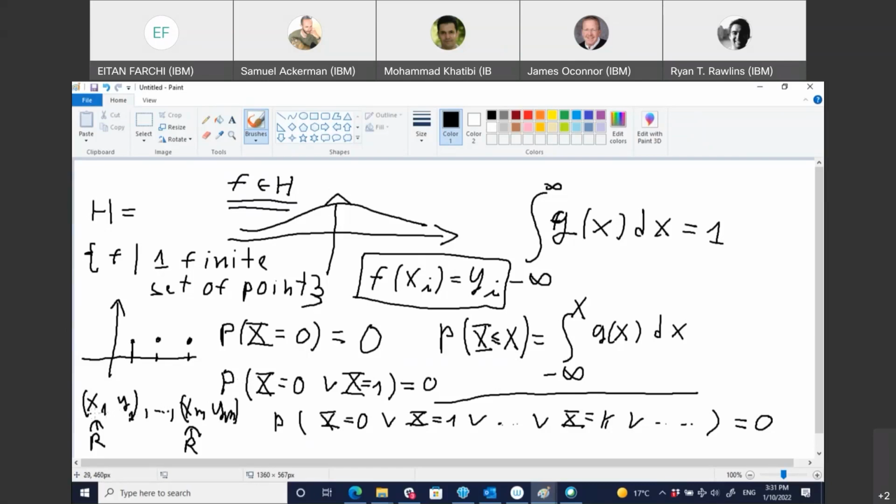Meaning I choose x1 randomly using G, I calculate f, which is one of the functions here that has 1 on a finite set of points, and I set y1 to the value of f.